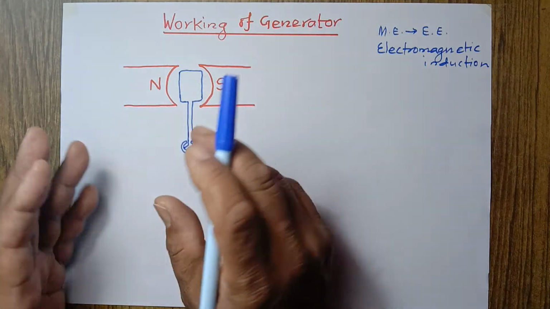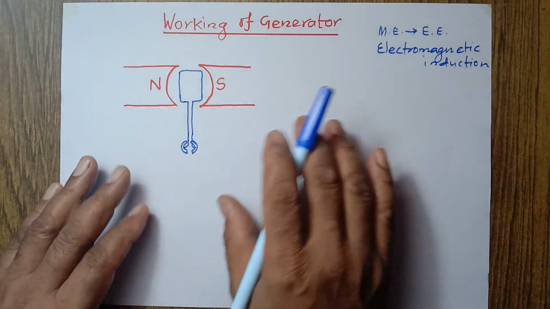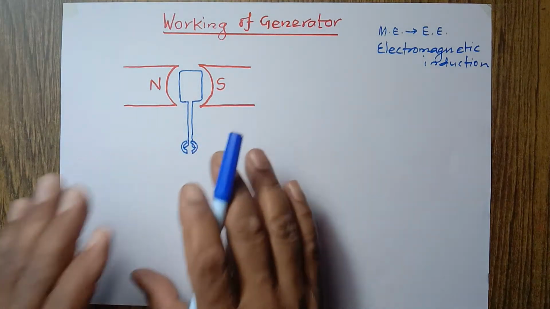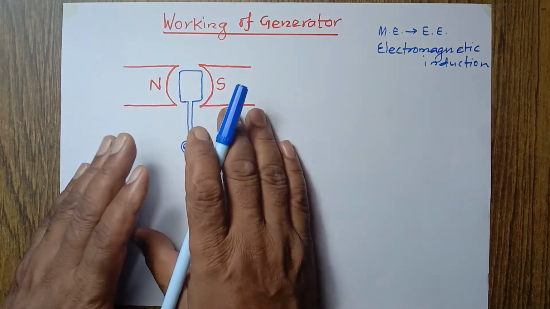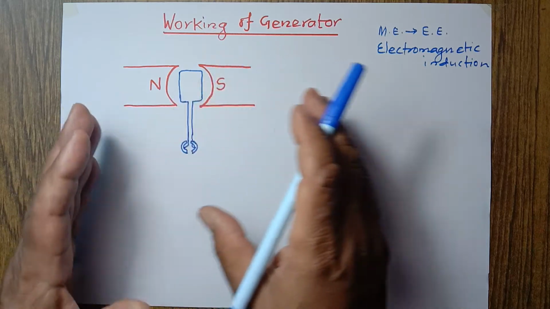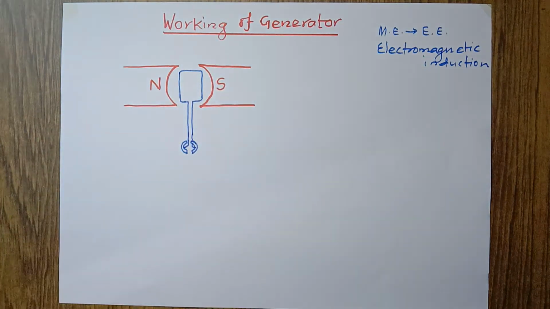Accordingly the rings are different, but we are not concerned with alternating current and direct current at this stage. We are just talking about the construction and how it produces electrical energy. Now, rings are provided with brushes.